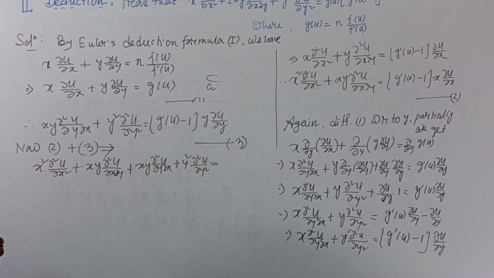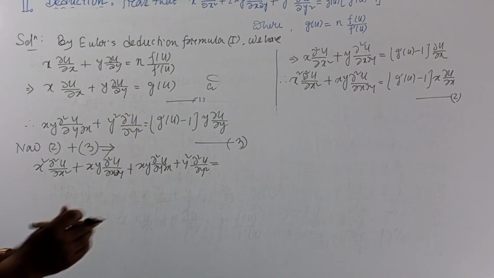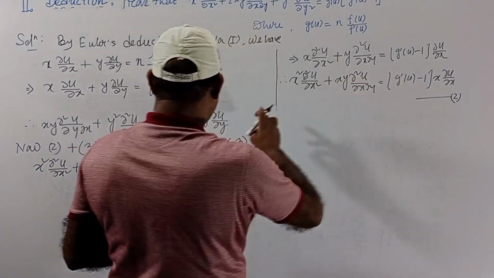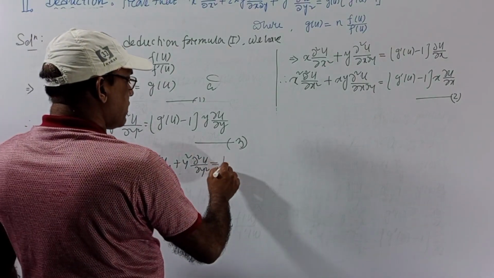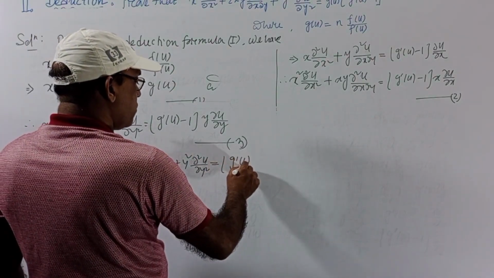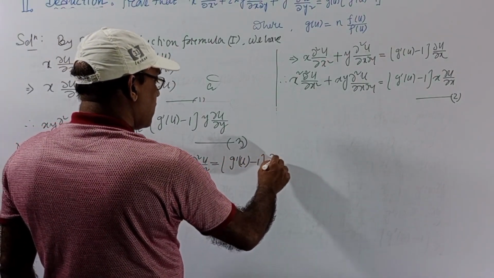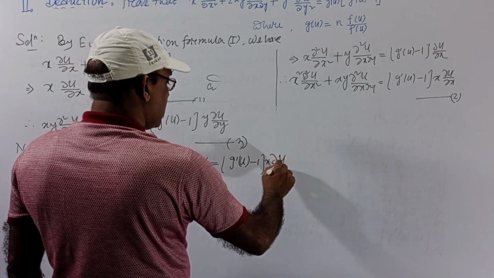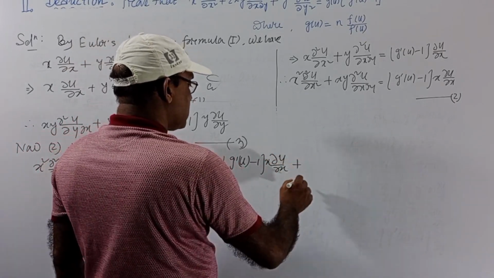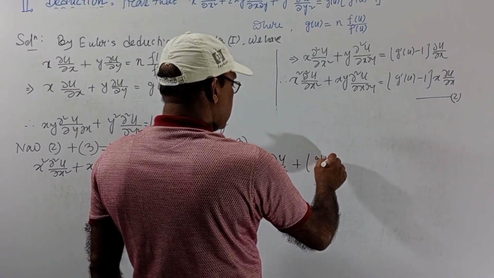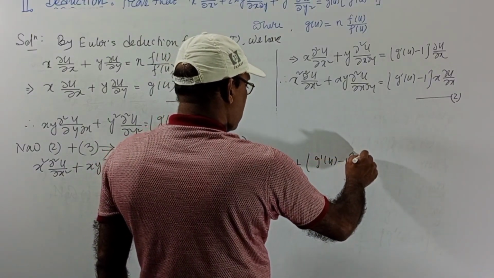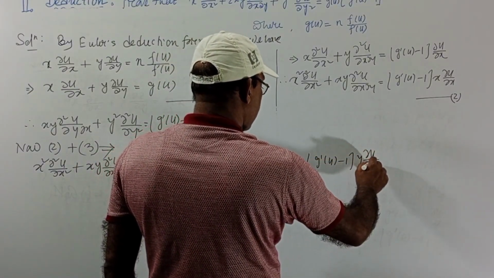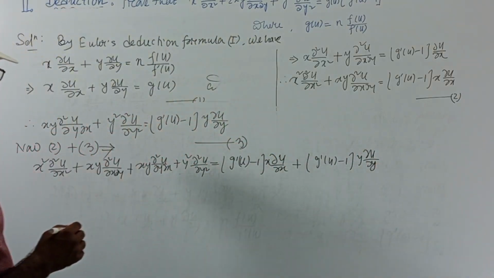On the right hand side, this one and this one, we get g dash u minus 1 x del u by del x plus g dash u minus 1 y del u by del y. We get this one.